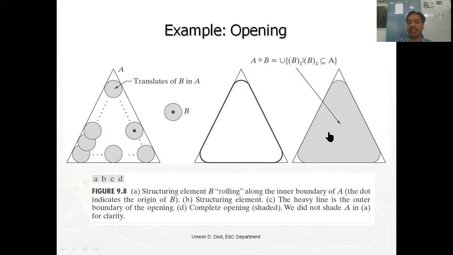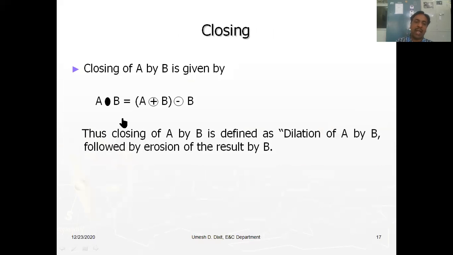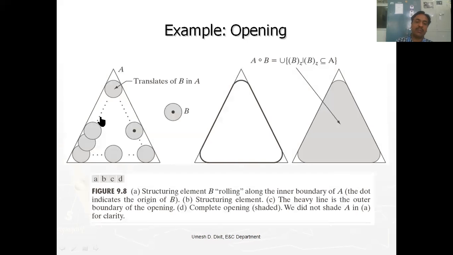So this will be the result. If you look at this diagram, we have structuring element B rolling along the inner boundary of A, and these dots indicate the origin of the structuring element B. So this is the result of the opening operation.